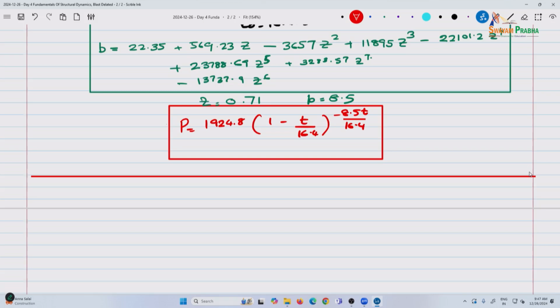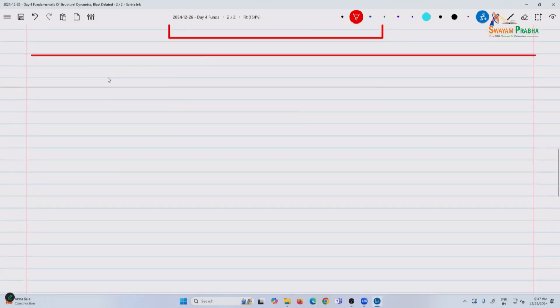So we'll continue yesterday's example of a petrochemical. I think yesterday we had completed a front wall.